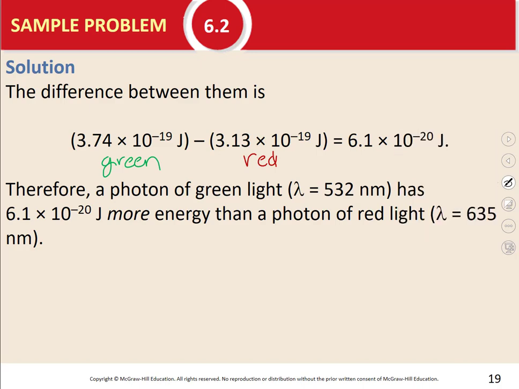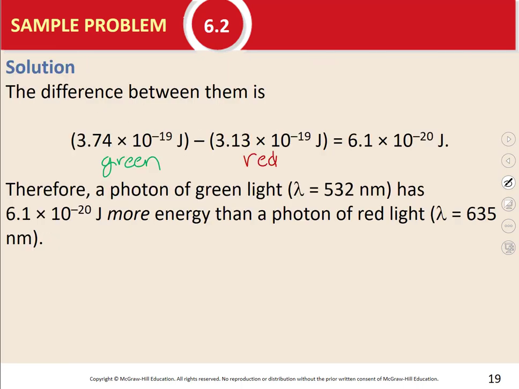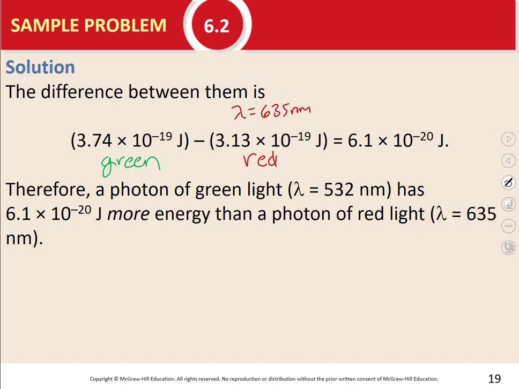Remember, the red light was 635 nanometers, while the green light was 532 nanometers. Which one has bigger energy, the bigger wavelength or the smaller wavelength? Smaller wavelength has the bigger energy.